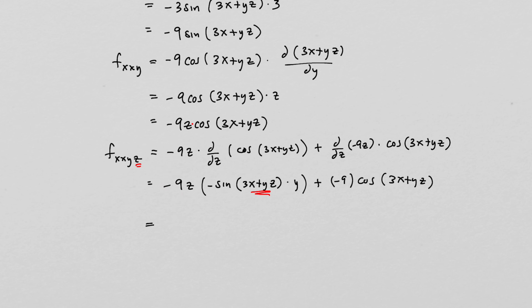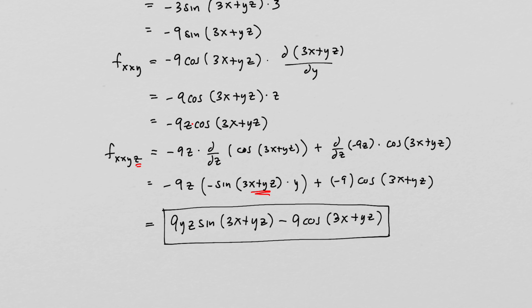We have a negative and a negative, that's a positive. 9 times y times z, sine of 3x plus yz minus 9 cosine of 3x plus yz. And this is our fourth partial derivative, but it's with respect to x, with respect to x, with respect to y, and then with respect to z. And that concludes this video lesson.